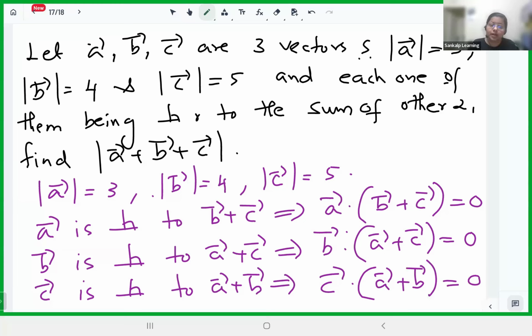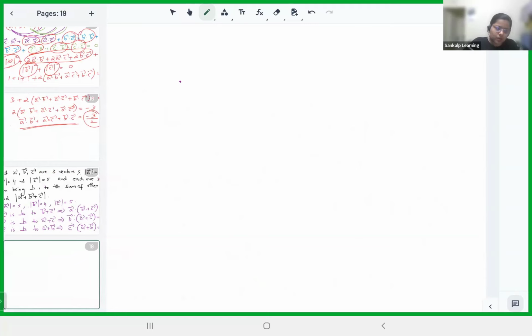We have got some conditions from that, right? Now we have to get the magnitude of A plus B plus C. So here I'm going to find the magnitude of vector A plus B plus C by first finding the square of that.